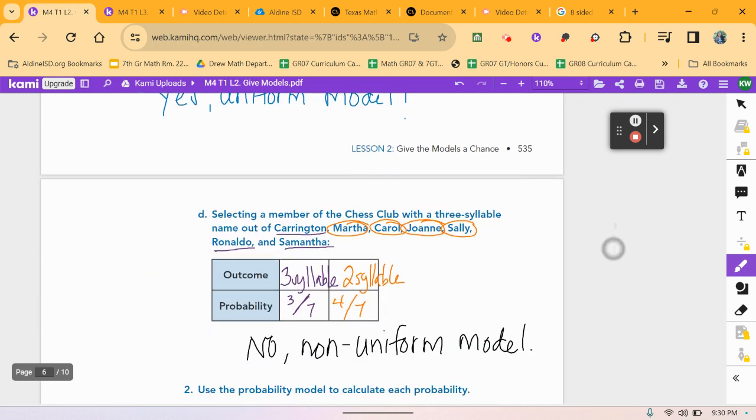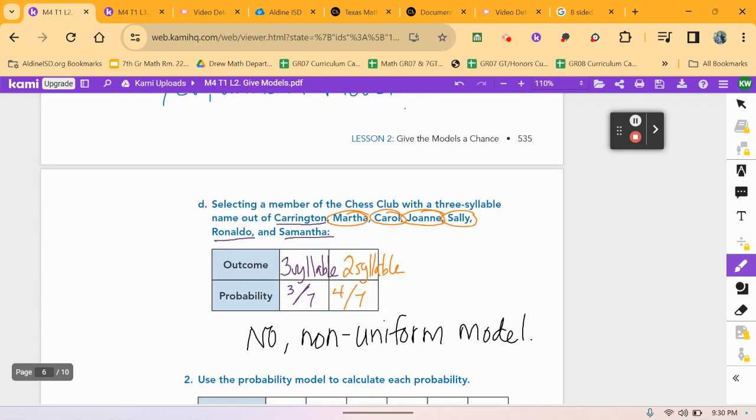All right, let's continue. D, it says selecting a member of the chess club with a 3-syllable name. So I underlined my 3-syllable names, which were Carrington, Ronaldo, and Samantha. There were 3 of them. And then I circled my names with 2 syllables: Martha, Carol, Joanne, Sally.